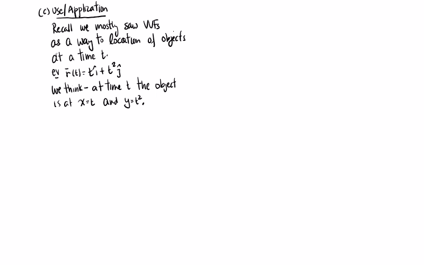So you can plug in various times, find specific locations, you can plot a path that the object takes and so on. But this is what we think about when we think of a vector-valued function. So using this understanding, what does the derivative get us?